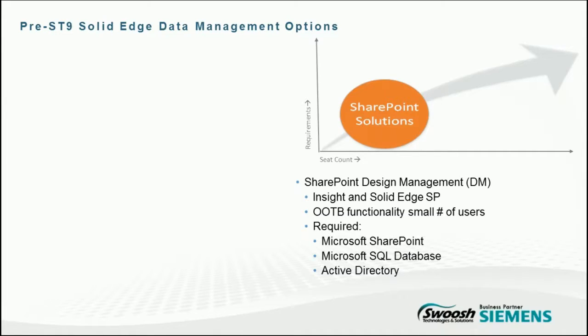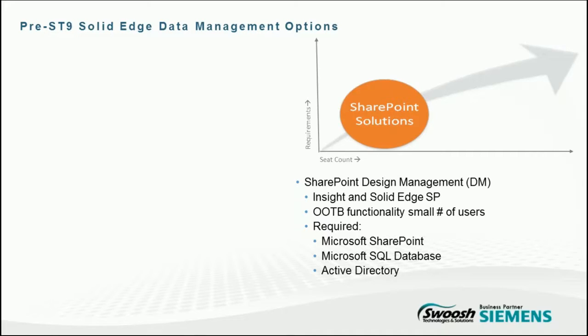About 10, 11 years ago, Siemens came up with a product called Solid Edge Insight. It was a free product. It required some Microsoft software like SharePoint, the SQL database, and Active Directory. It's very out of the box.